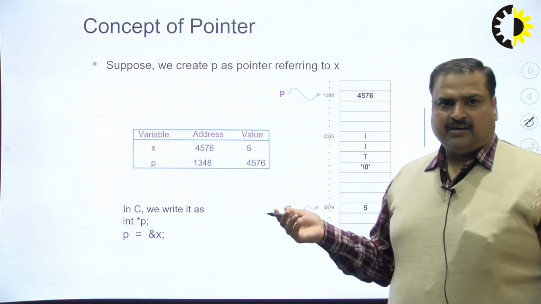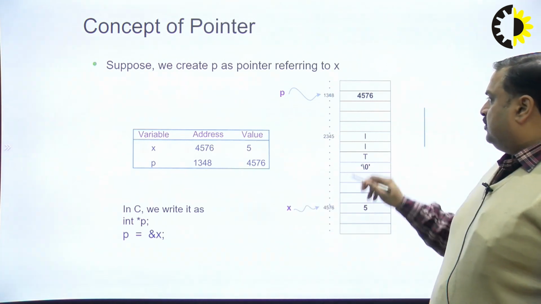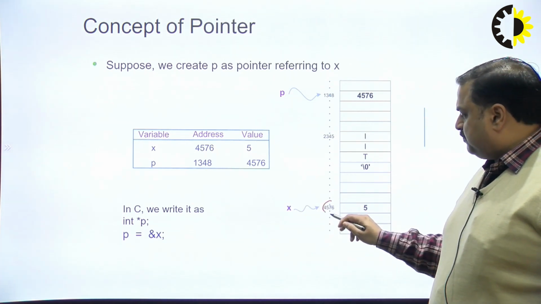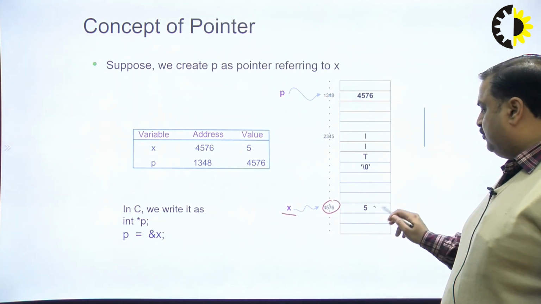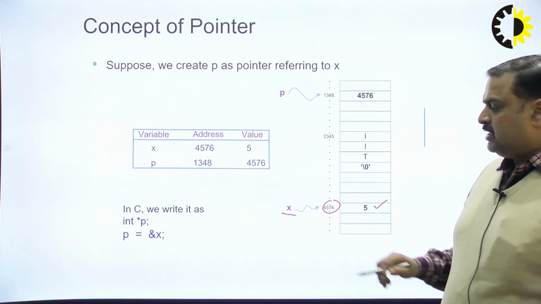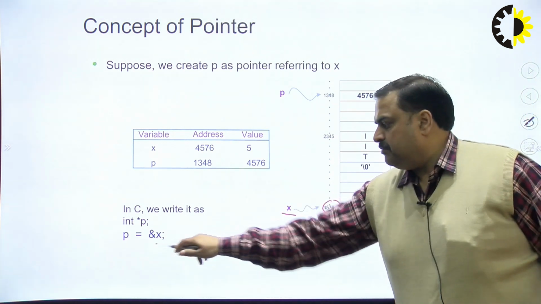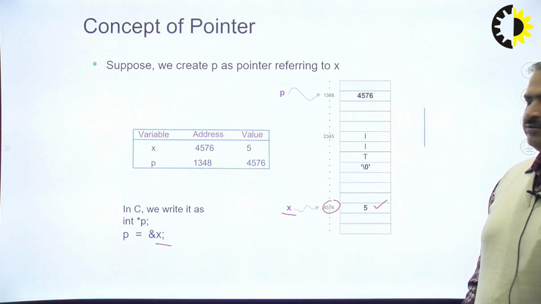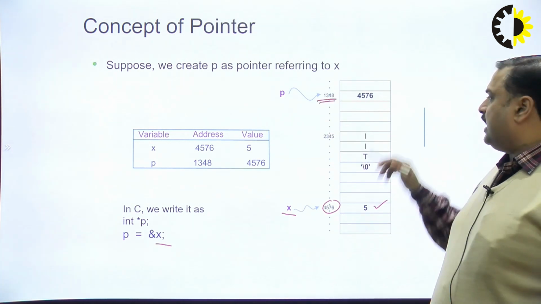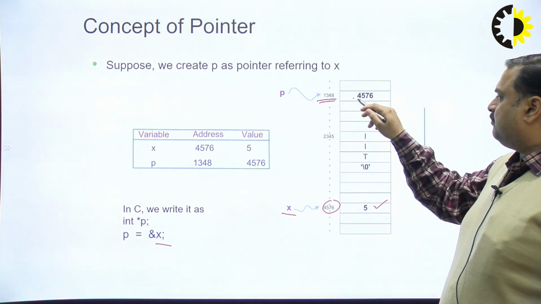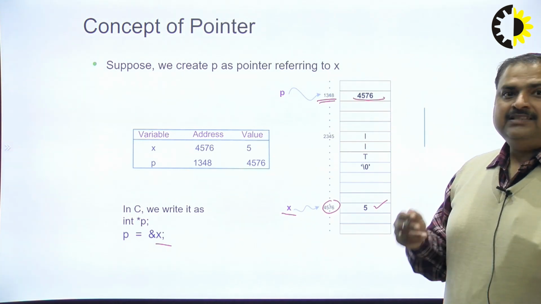To understand it better graphically, we have a location 4576 where x is assigned, the value is stored in the memory, and we have a pointer p, and p has the address of x. So, p is stored at location 1348 and it has 4576 as its content.